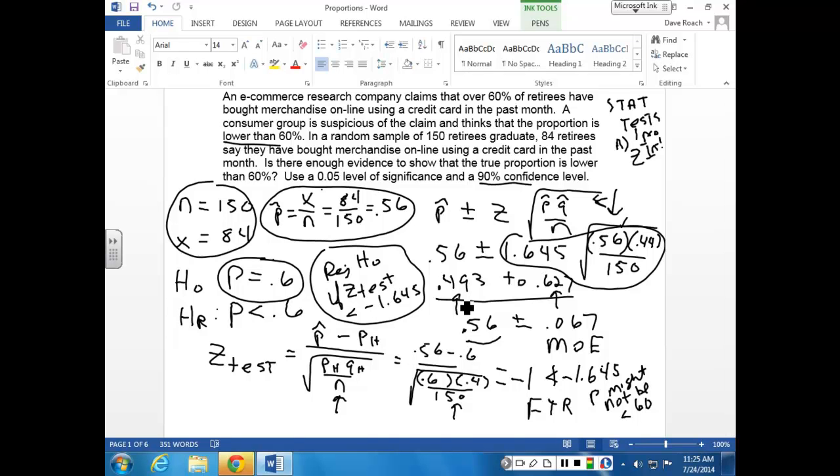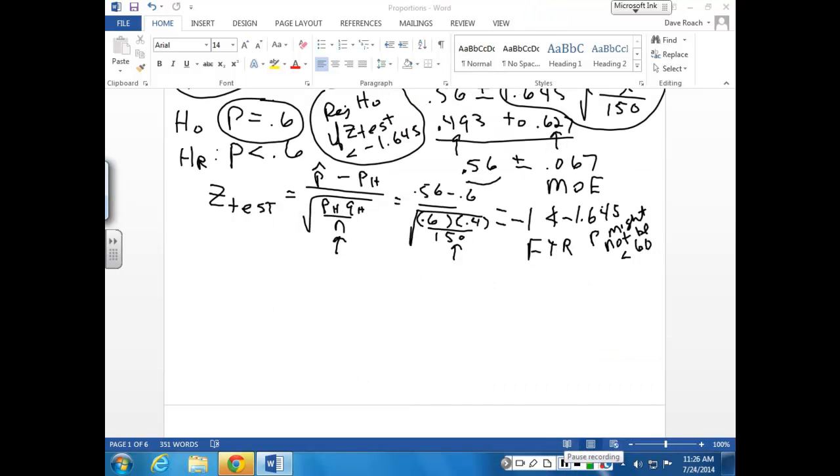With probabilities, there is a chance, given our calculations and our level of significance, that it's not less than 60. Okay, we can also get the p-value, and since it's a z-test, we can calculate that by hand and show all of our work and everything.